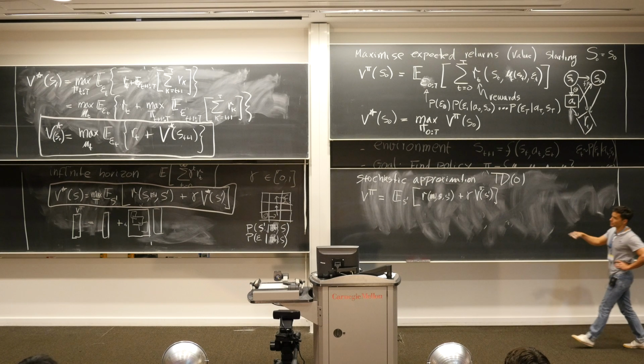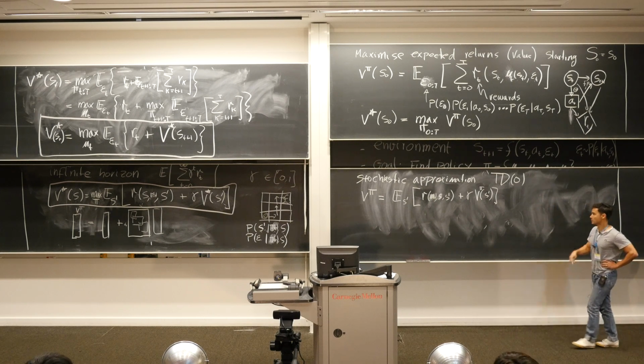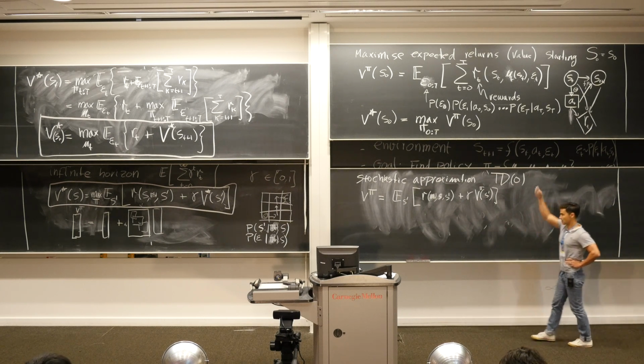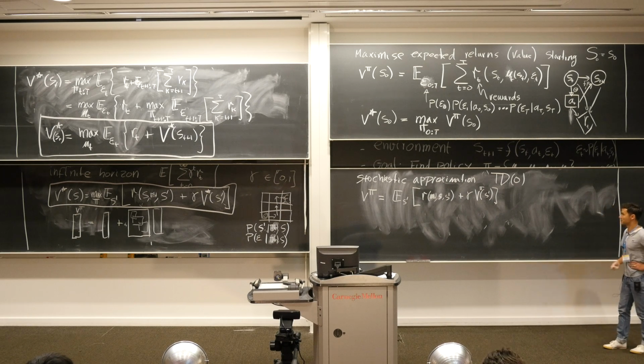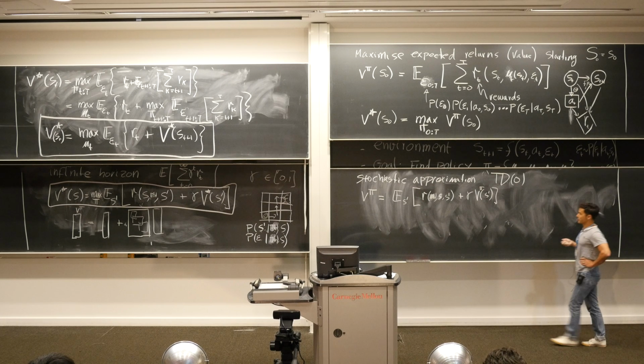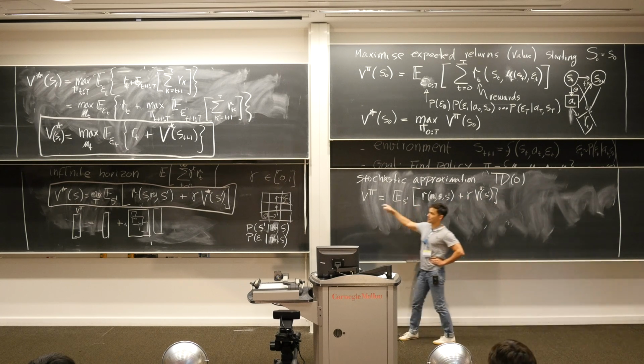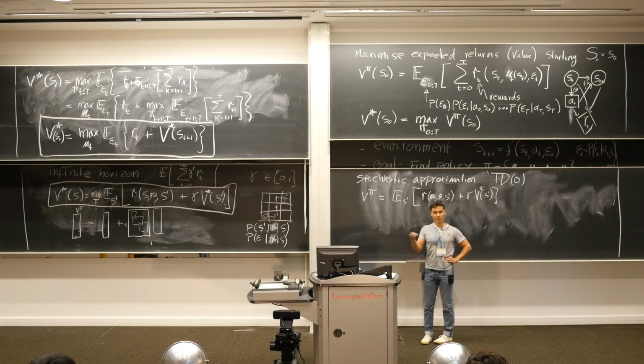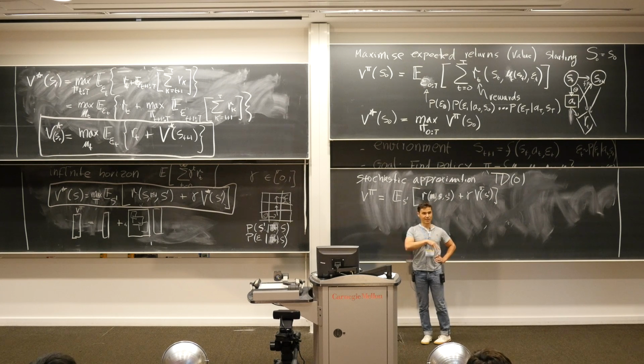And that particular expression, you can go back and quickly convince yourselves that by distributing sums, you would get this. This is a fixed point. I have V pi on one side and V pi on the other side. So it's like when you solve a linear system using Gauss-Seidel or the Jacobi iteration methods, if you've seen those before.